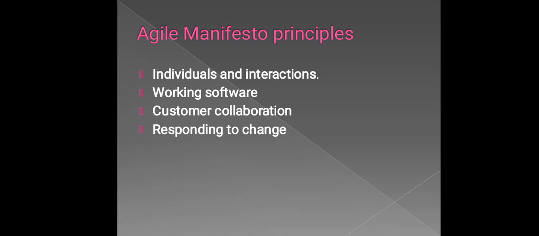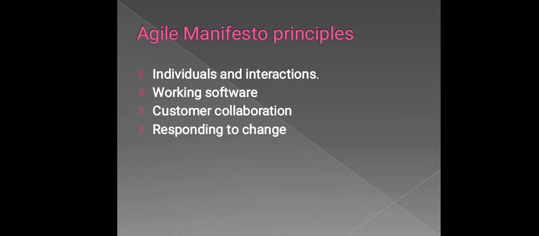So here, rather than describing our system in documentation, we build a simple piece of software at a very early stage so that the customer can build more understanding, because they can understand the software very clearly by using it.